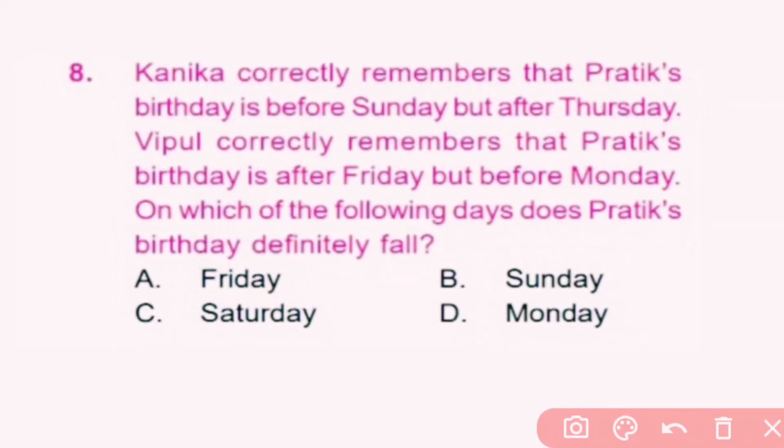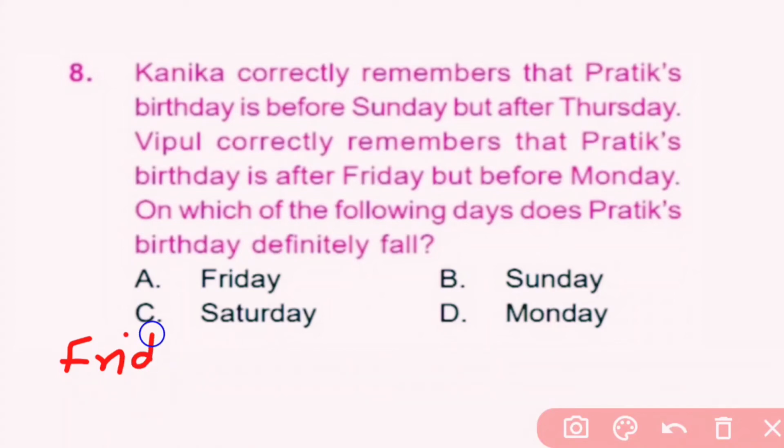Question number 8. Kanika correctly remembers that Pratik's birthday is before Sunday but after Thursday. Vipul correctly remembers that Pratik's birthday is after Friday but before Monday. On which of the following days does Pratik's birthday definitely fall? So according to Kanika, Pratik's birthday is before Sunday and after Thursday.